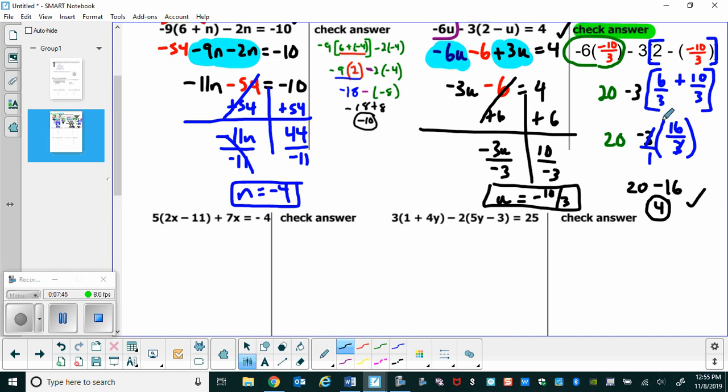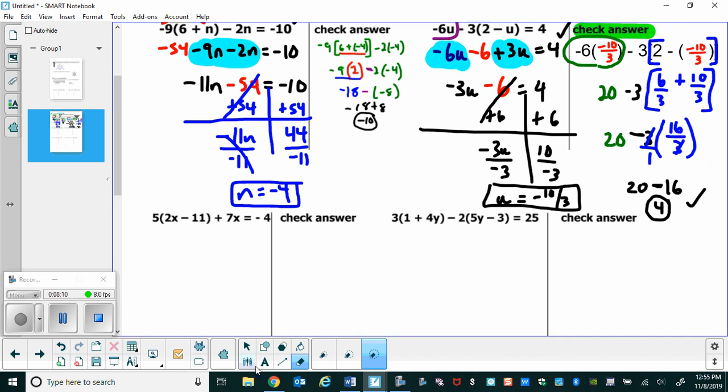Okay? So the 3 times 16 over 3, when you see a whole number times this, you guys have been doing 3 divided by 3, that's 1, and now 1 times 16 is the 16. And we just had the minus out in front that we brought right there. So it is acceptable to get fraction answers, and it is expected that you'll be okay plugging them in.